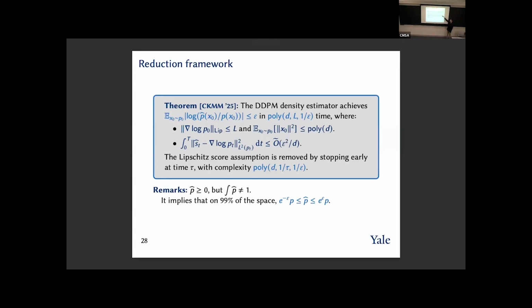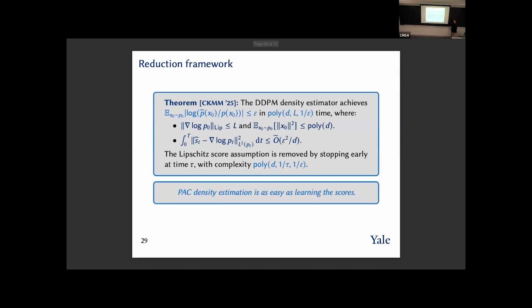The way you can interpret this guarantee on the expectation of the log ratio is that on most of your space, you will have a good multiplicative approximation to the true density P. This is a weak notion of density estimation; usual notions are, say, L2 risk. We call this notion PAC density estimation, in analogy with PAC learning. And what we showed is that this task of PAC density estimation is as easy as learning the score functions.